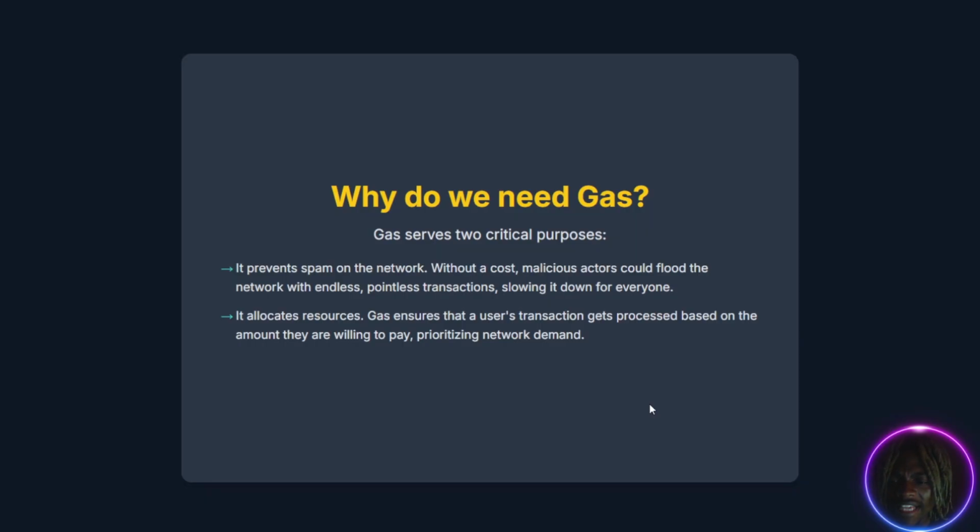And why do we need gas? It prevents spam on the network. Without a cost, malicious actors could flood the network with endless pointless transactions, slowing it down for absolutely everyone. We don't want an unsecure network just because we're on a decentralized, peer-to-peer transaction system with no middlemen involved.